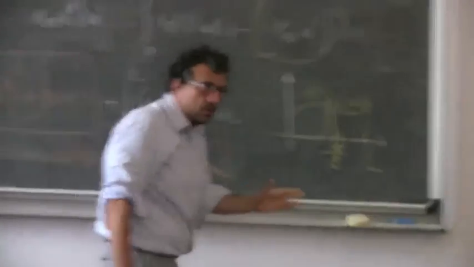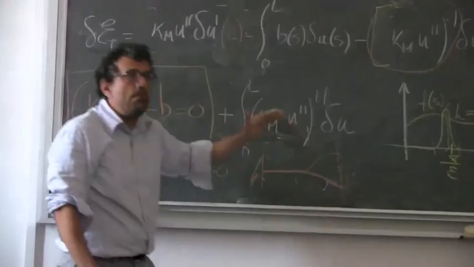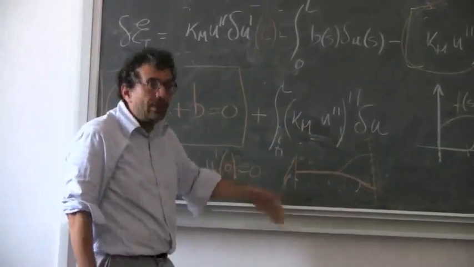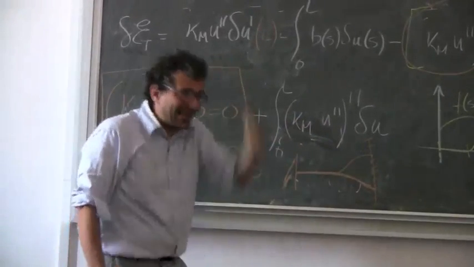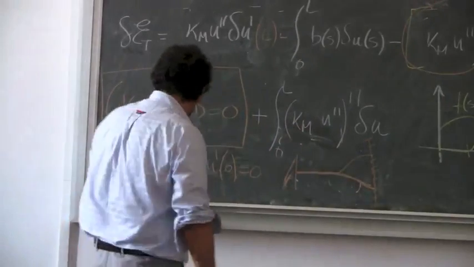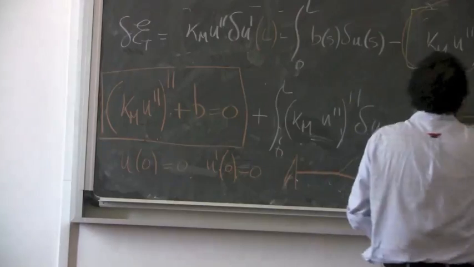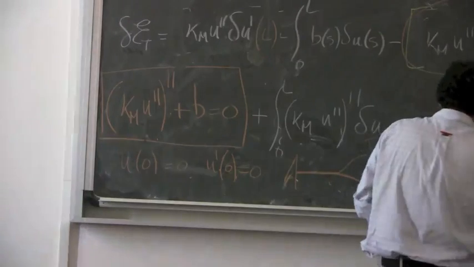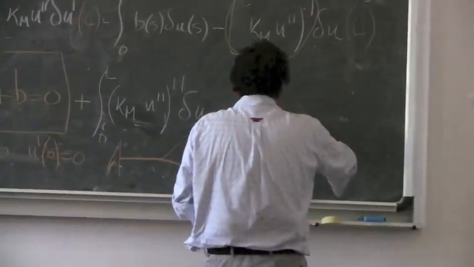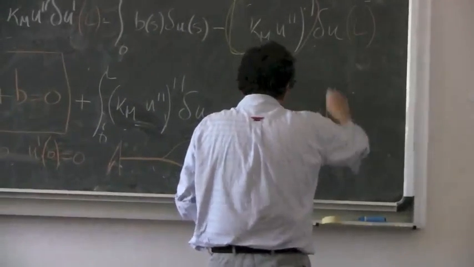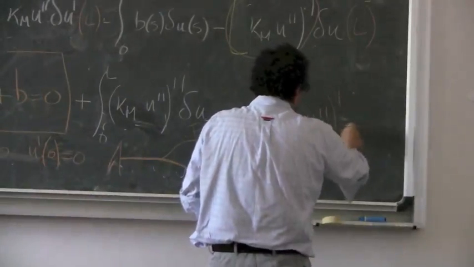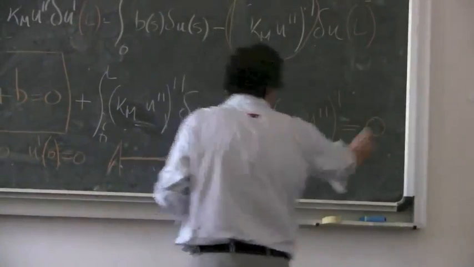If you want your shape to be minimum for energy, then you must accept that minus Kn U second first equal in energy.